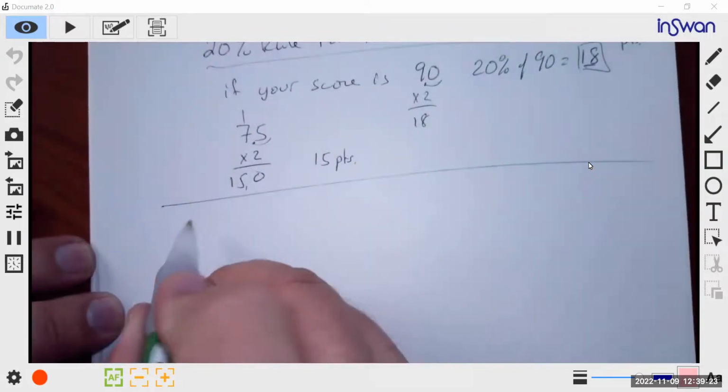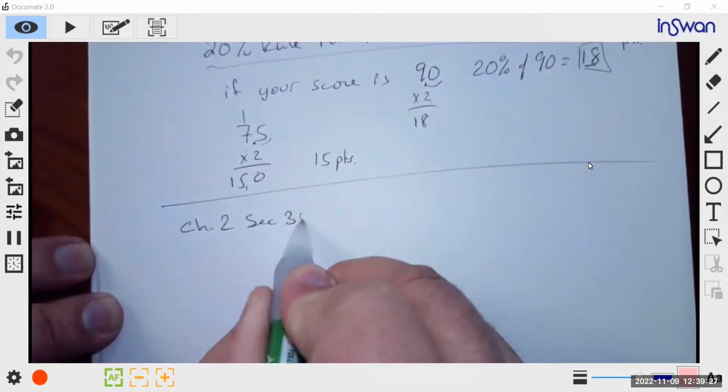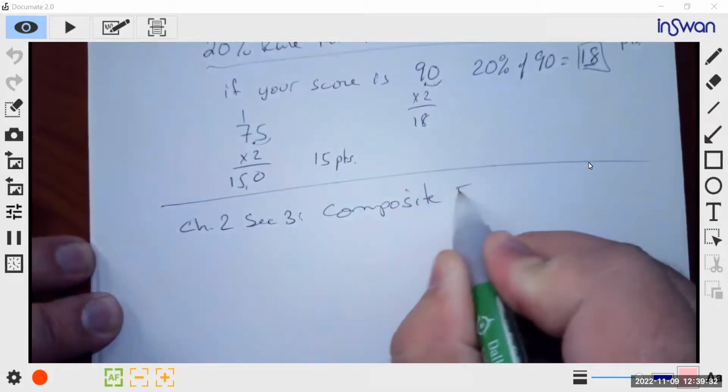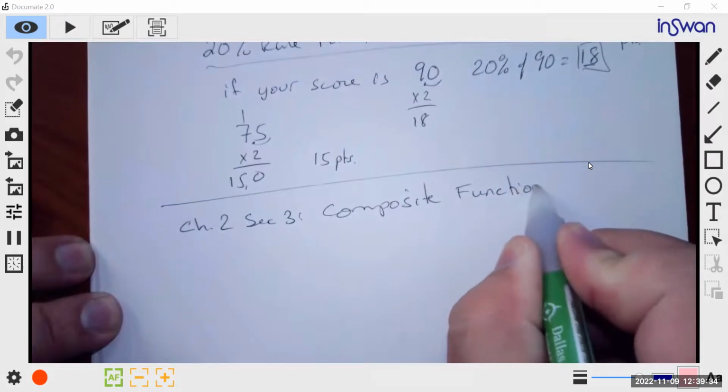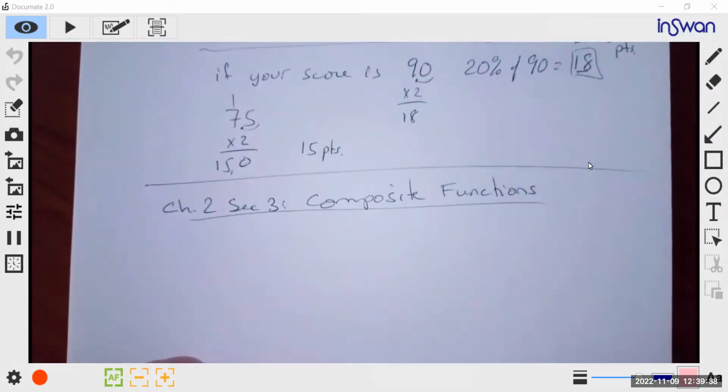All right. Composite functions. Chapter 2, section 3. Composite functions. What does composite mean?